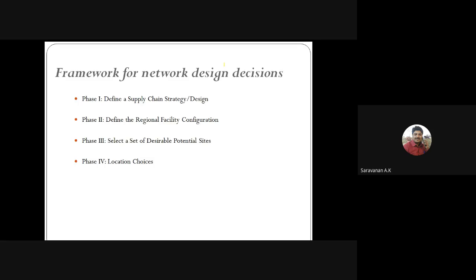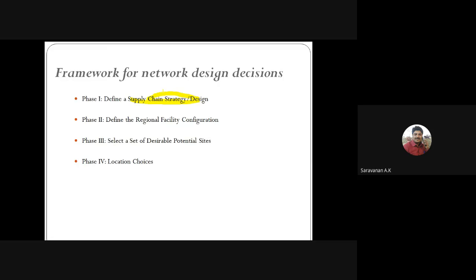Then the last class also discussed the framework for the network design decisions. Here we have four phases. The first phase gives the definitions, the basics about the supply chain strategy or design. The second phase defines the regional facility configurations.